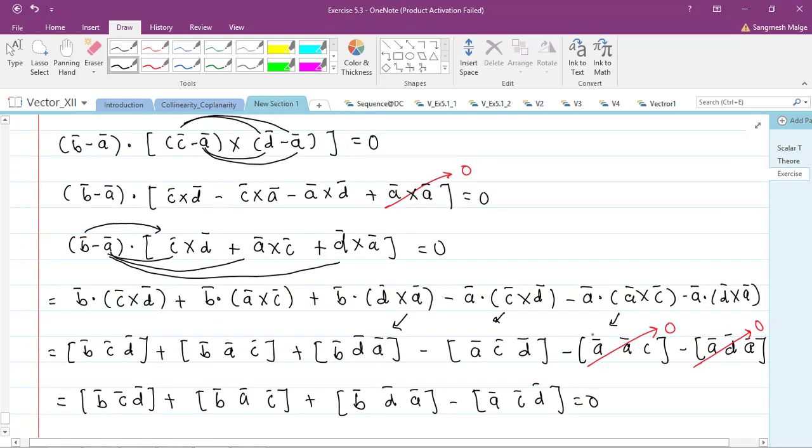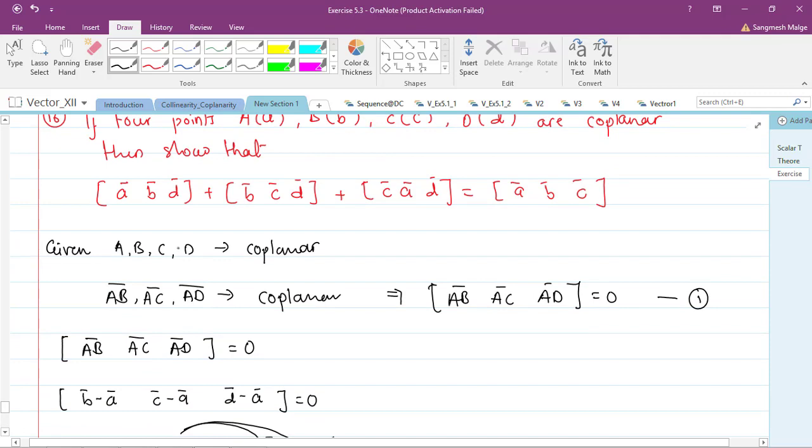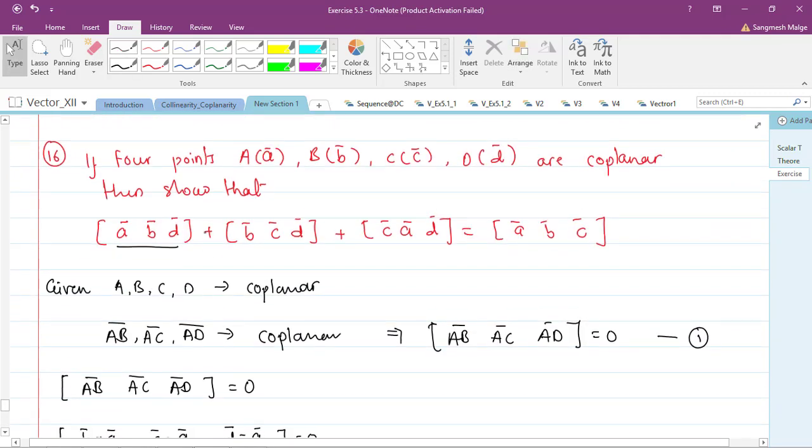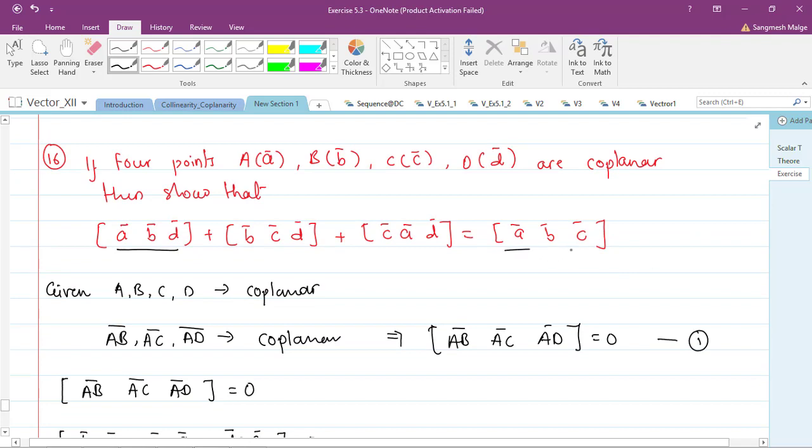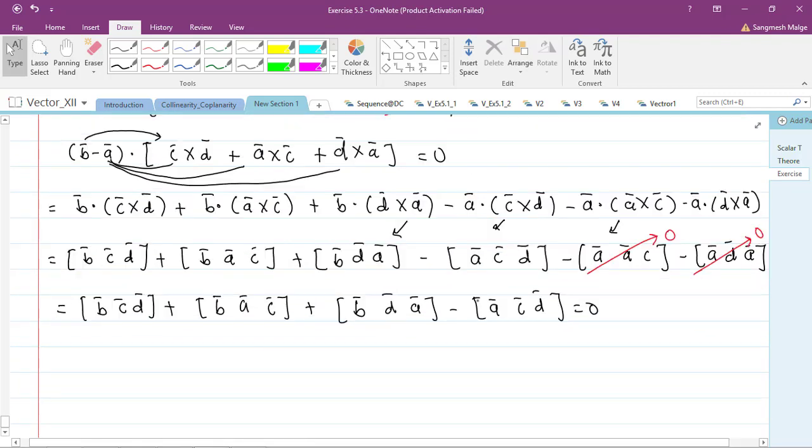But what we have to show is ABC. So do we have ABC there? I want ABC on the right hand side, so let's take that on the right hand side. Where is the ABC here? Yes, this is the ABC we have. So we can take that part on the RHS.